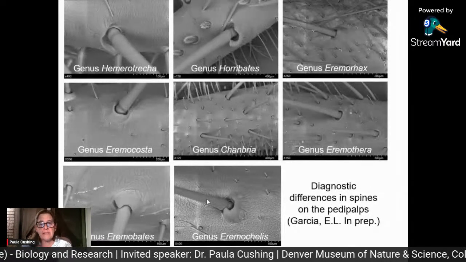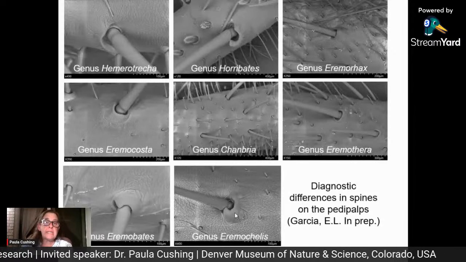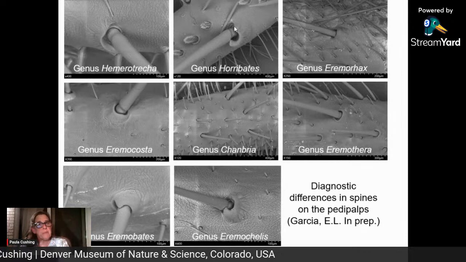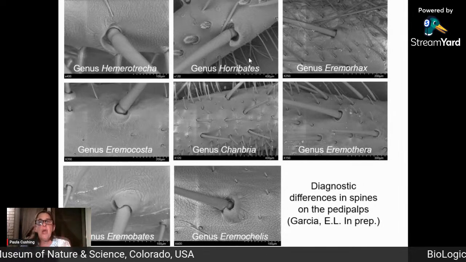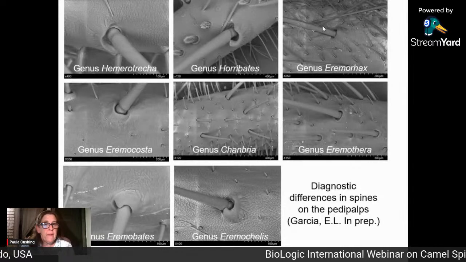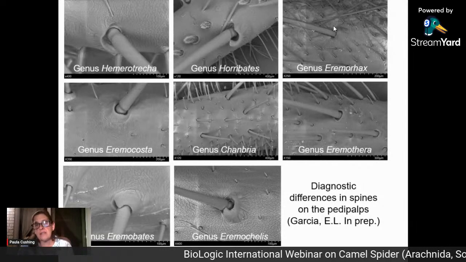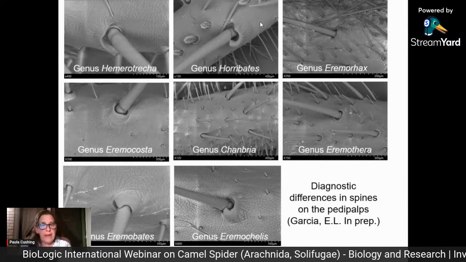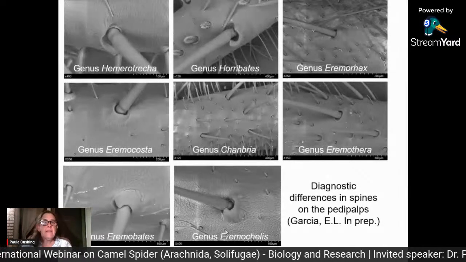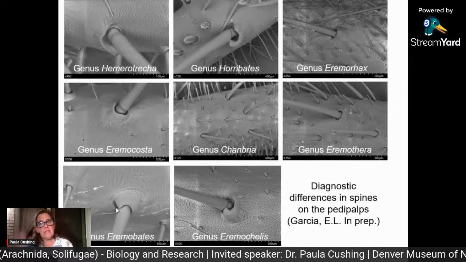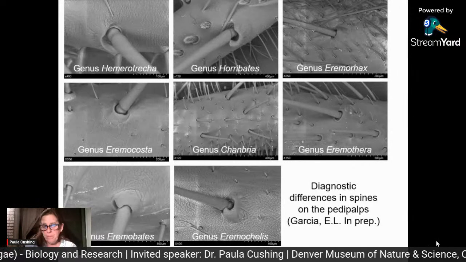So in some cases, in some genera, we see spines that seem to be more movable, that seem to be able to move back and forth more so than the spines on the pedipalps of other genera. Like the genus Aremarax, their spines don't seem to be movable, whereas in the genus Horibades and Aremachilus, they have these notches in the bases of the spines that allow the spines to be more mobile.